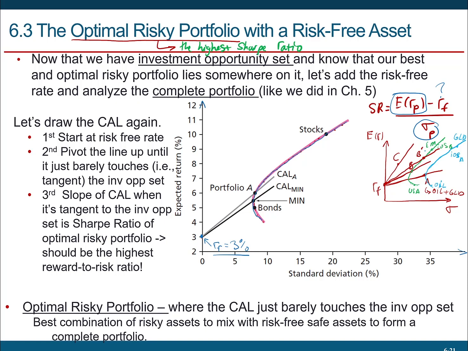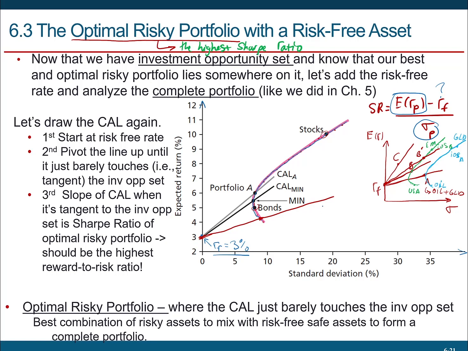Okay, so now we just take one investment opportunity set, a mixture of stocks and bonds, and now we draw a CAL through that investment opportunity set. And remember that the CAL line that we draw, right, for instance here, boom, that represents a portfolio. Probably not the best portfolio. Why?